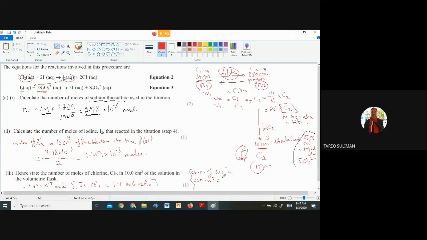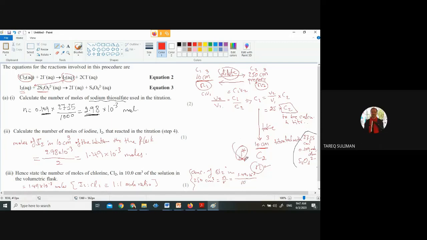Equals to number of moles divided by what? By volume. What is the number of moles that we calculated here? 1.49 times 10 minus 3. 1.49 times 10 to the power minus 3 divided by what volume? 10 over 1000.